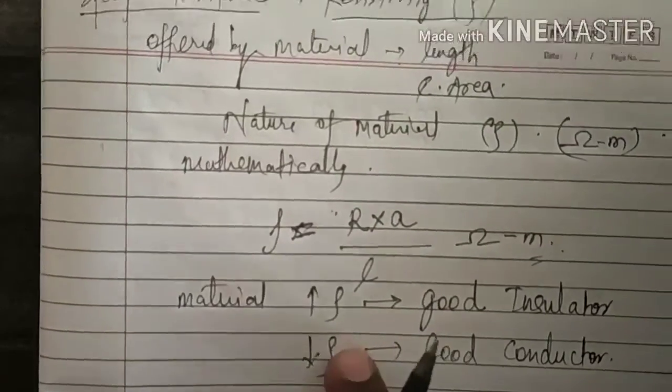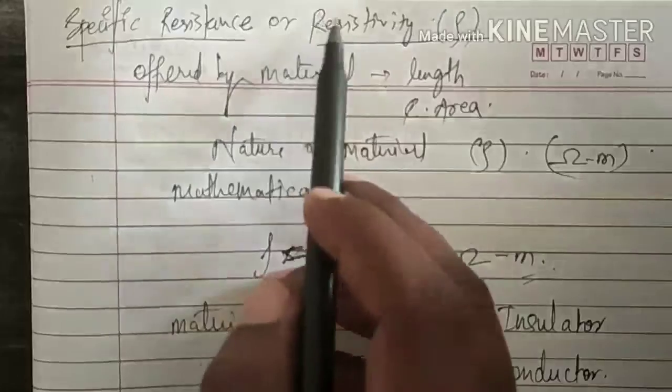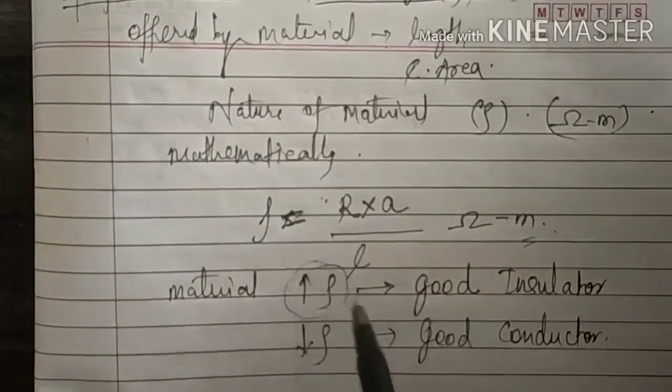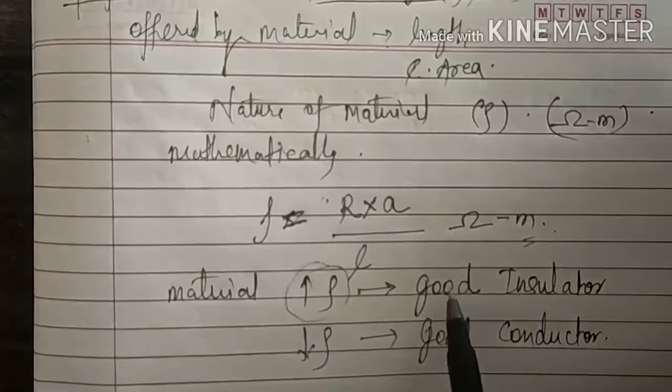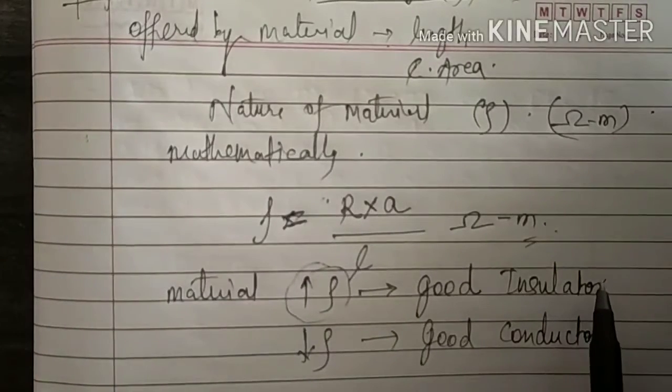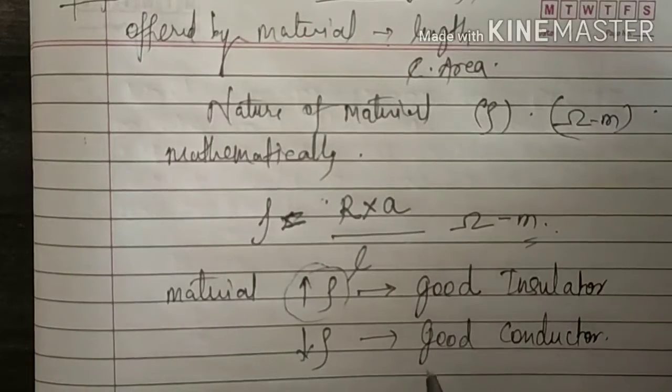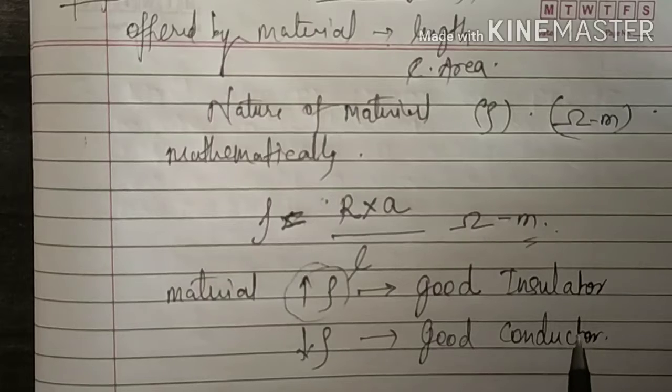So this was our specific resistance or resistivity of a material. High resistivity means it has a high resistance value, means it is a good insulator. It does not allow the flow of electrons. And if the material is having less resistivity, then it is called a good conductor. It means it allows the flow of electrons very easily.